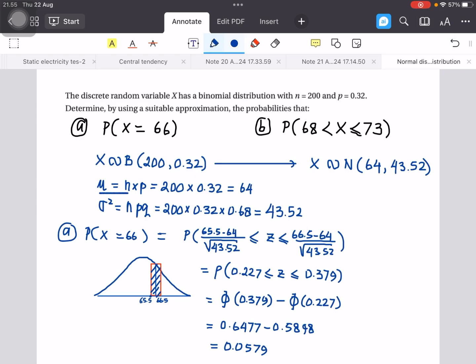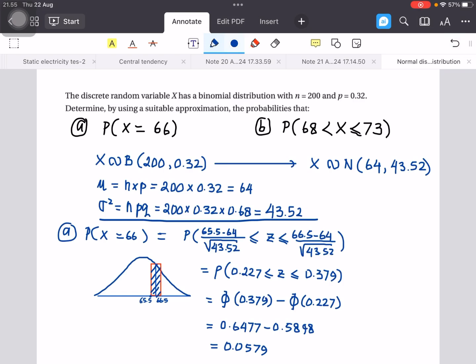The mean is n times p. 200 times 0.32 is equal to 64, and the variance is n times p times q, which is 200 times 0.32 times 0.68. The answer is 43.52.